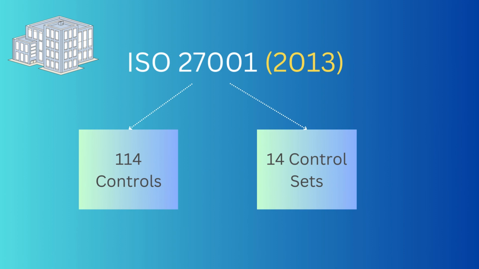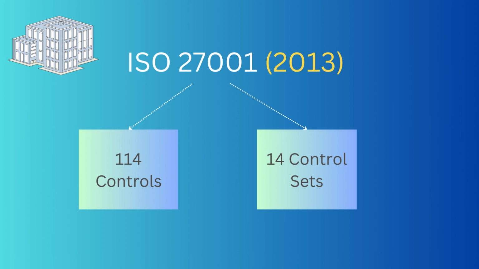Okay, let's begin with understanding the controls for ISO 27001. Currently, the ISO 27001, which is in force, is the 2022 version, but it's also essential to understand the 2013 version to know what was covered and what are the differences or updates to the current version.